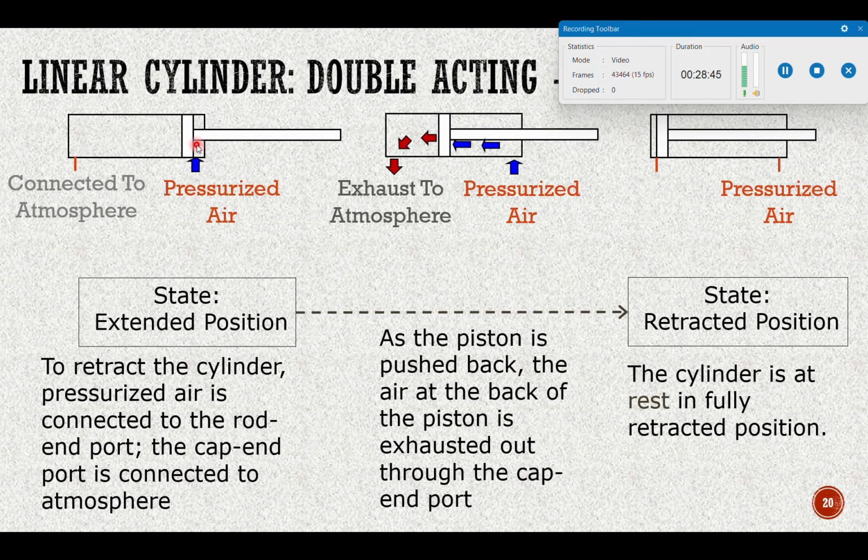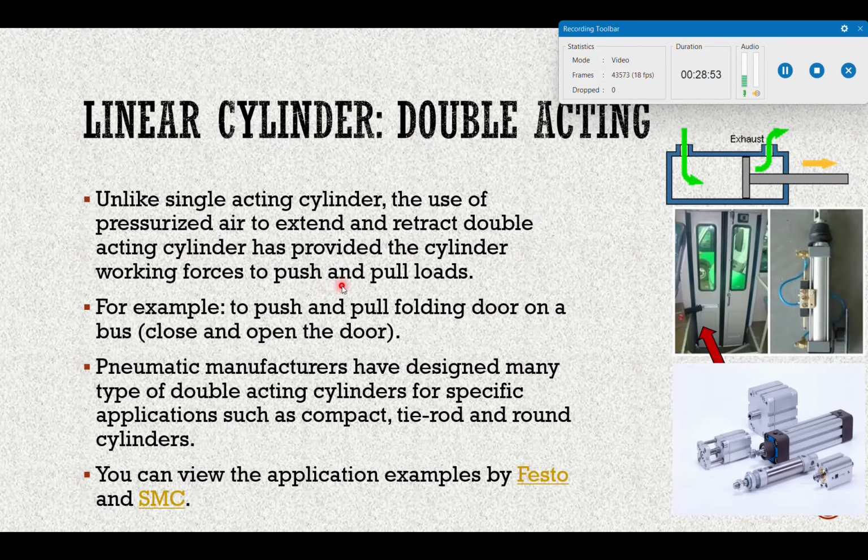So now the cylinder is back at rest in fully retracted position. So unlike a single acting cylinder, the use of pressurized air to extend and retract a double acting cylinder has provided the cylinder working force to push and pull a load.